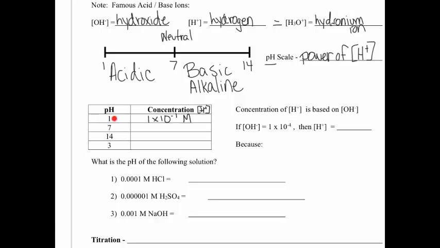So this pH number is actually this exponent right here. And to get this pH number of 1, we'd actually do the negative log of the hydrogen ion concentration. So it's actually negative log of H plus concentration.